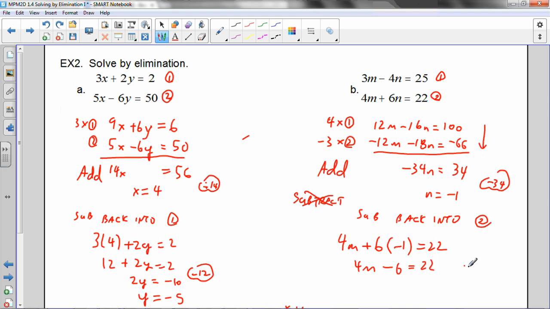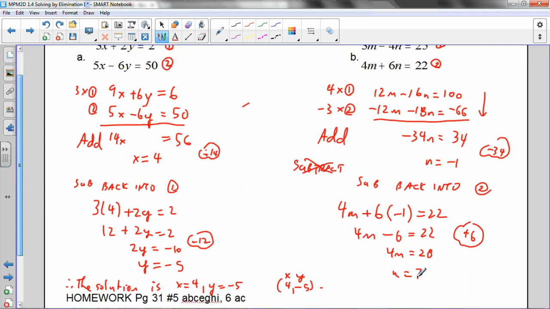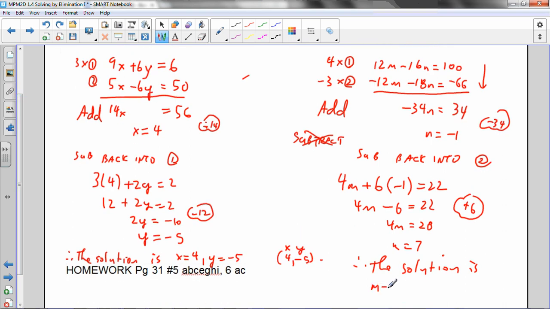Add 6 to both sides. 4m equals 28, and then m equals 7. And then a closing statement. Therefore, the solution is m equals 7, n equals negative 1.